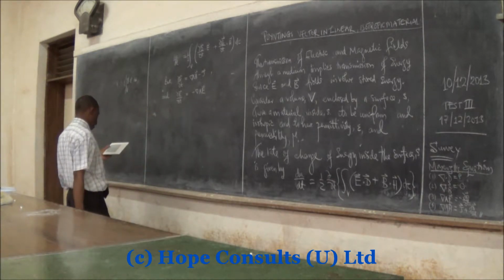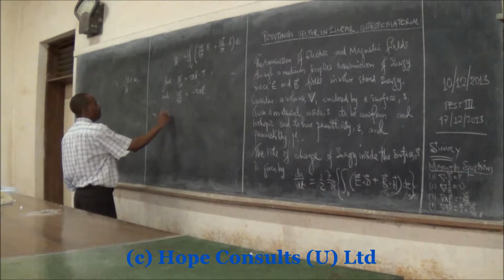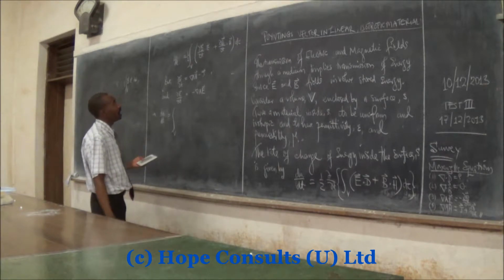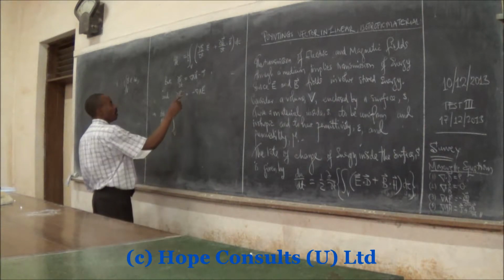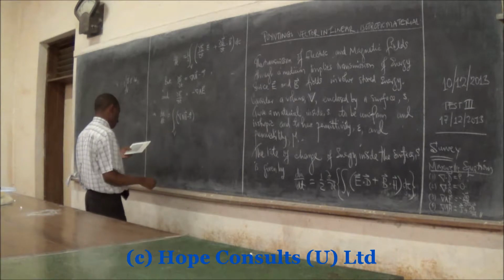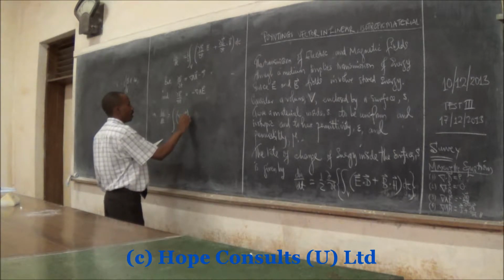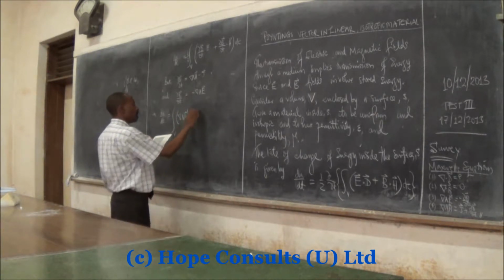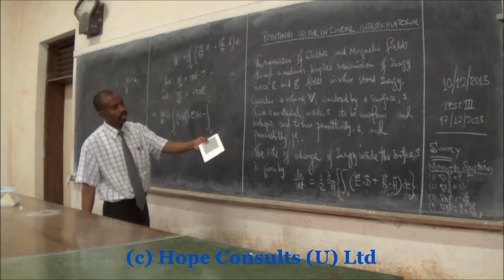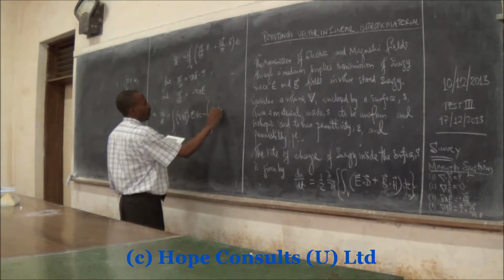This would imply that our dU/dt would equal the integral over the volume V. We substitute for partial D by partial t, which is the curl of H minus J, dotted with E, d tau, minus the integral over V of J dot E d tau.